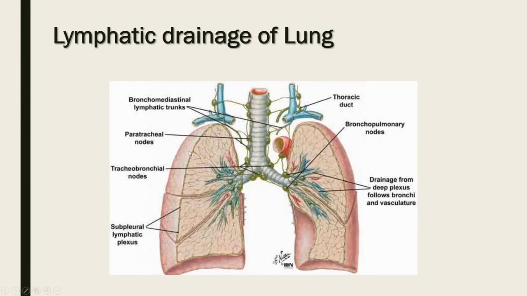So, the superficial set and the deep set from the lung substance all are going to the bronchomediastinal lymph nodes, tracheobronchial lymph nodes, and ultimately the thoracic duct on the left side and the right lymphatic duct on the right side.